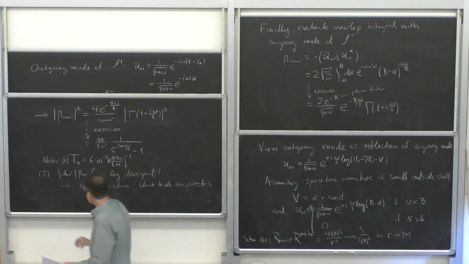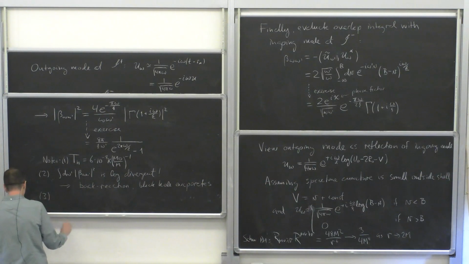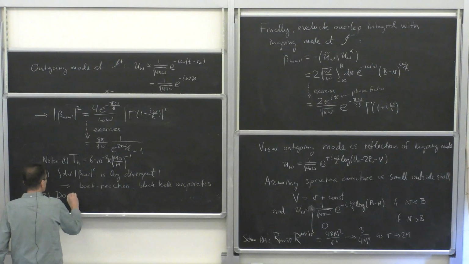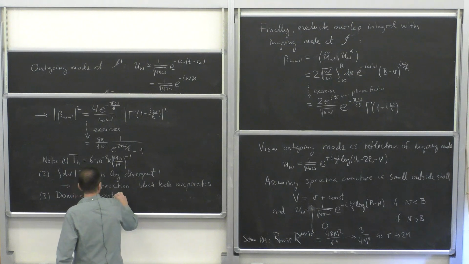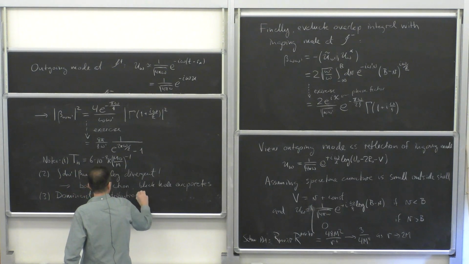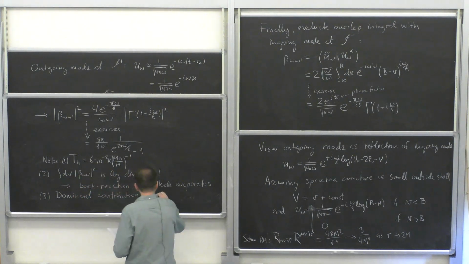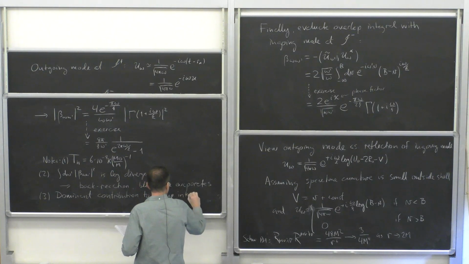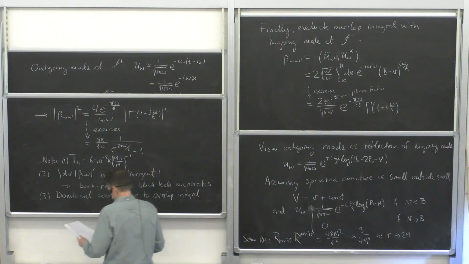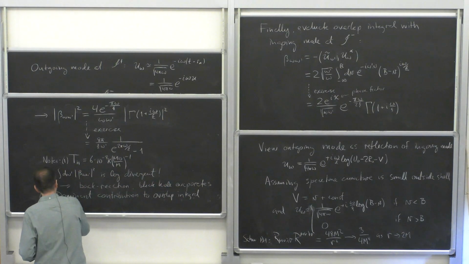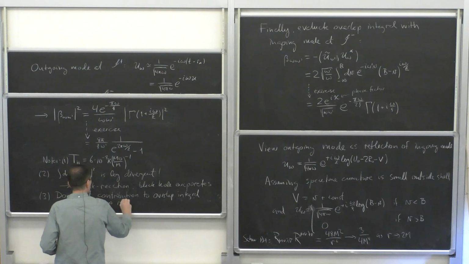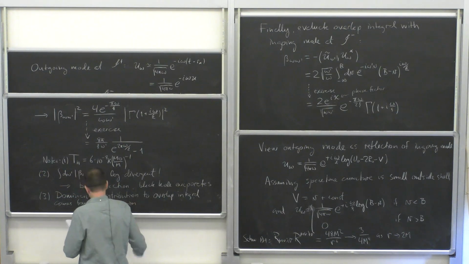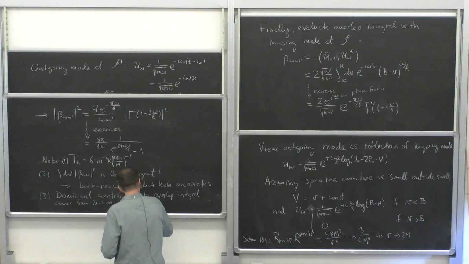Okay. Now, another worry, the one that I alluded to earlier, is that the dominant contribution to this overlap integral comes from very close to the horizon. It comes from the u goes to infinity region. So it's extremely close to the horizon.